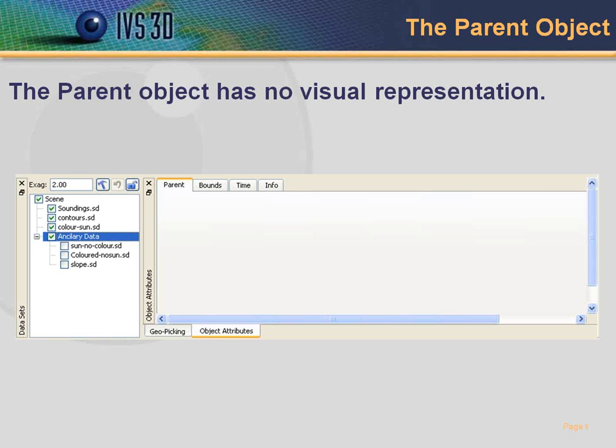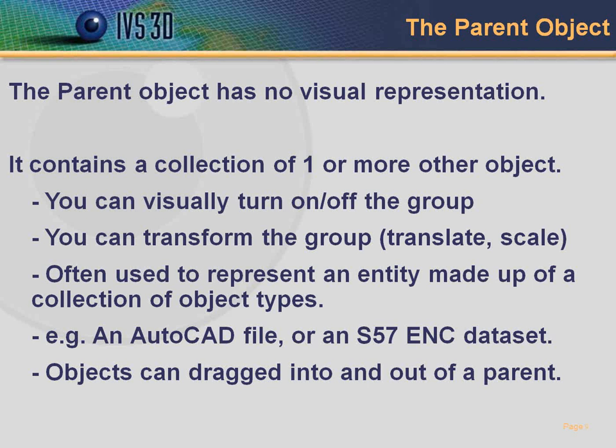Certainly when you start to get a large number of objects, introducing parent ones helps organize your data a bit. And again, that's the summary of it. It contains a collection of other objects.